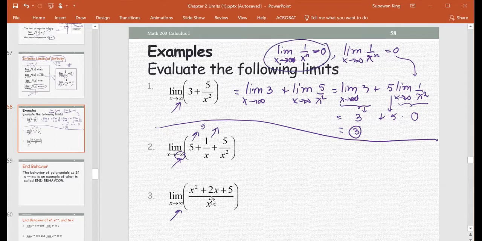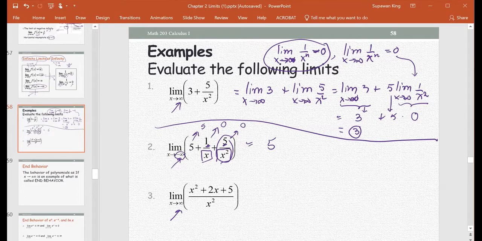See the property that we're going to use? This term approaches 0, and the same for the last term, approaching 0. Therefore, the limit of number 2 is just 5. Because the numerator is a real number, but x is changing all the time in the denominator, and x is changing in a large-quantity way.